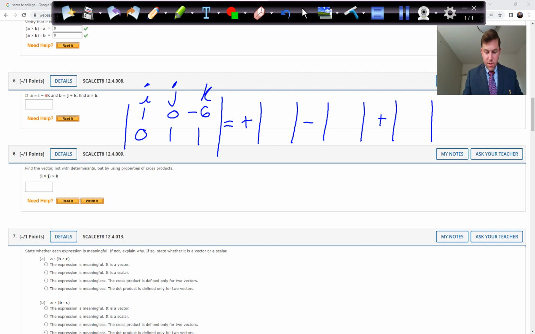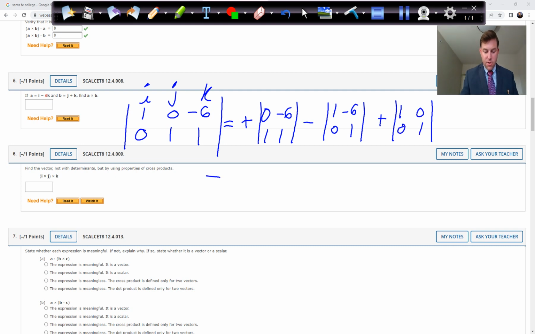And these numbers that go in these boxes come from covering up these different columns. So imagine covering up the first column completely. The four numbers left are 0, minus 6, 1, and 1. Imagine covering up the second column, the j column. The four numbers left are 1, minus 6, 0 bottom left, and 1 bottom right. Imagine covering up the third column, the k column. The four numbers are 1, 0, 0, 1.